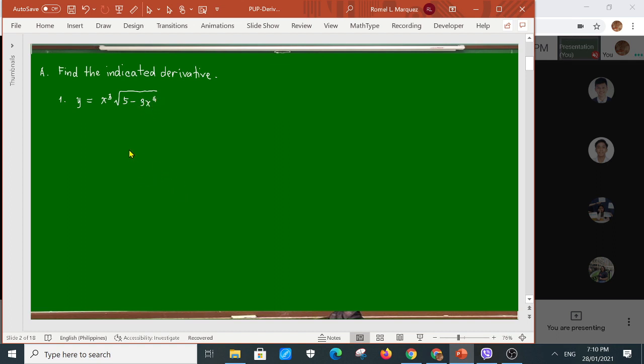Okay? So we consider this as product. Our u here is x cubed and our v is square root of what? Of 5 minus 3x to the 4th. Okay, guys? Now, we are going to apply product rule for finding derivative.